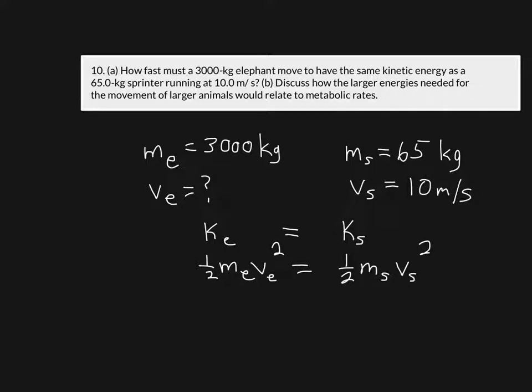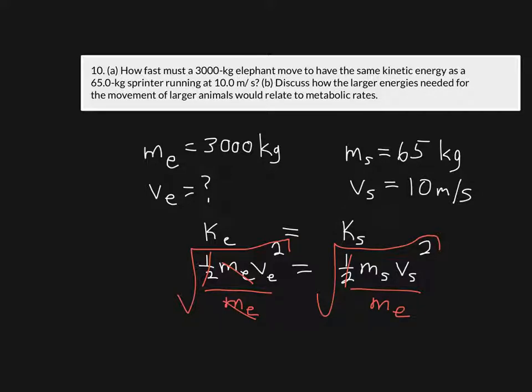Now I can do algebra and solve this equation for VE, the velocity of the elephant, which is what I'm looking for. When I do that algebra, my 1/2s will both cancel out. I can divide both sides by ME, so the MEs cancel out on the left-hand side, and then I can take the square root of both sides, which gets rid of the squared on the left-hand side.